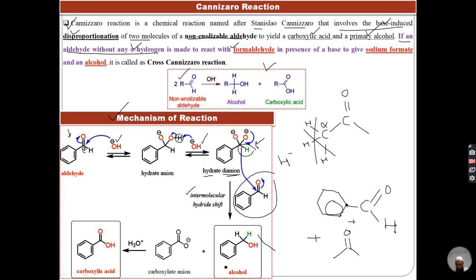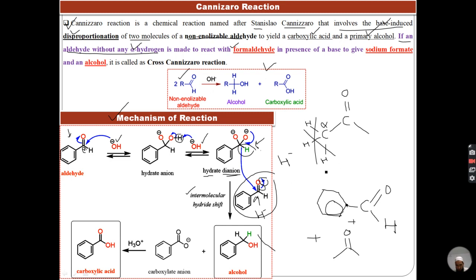So इससे क्या result होगा? Result is that ये जो molecule था, now this oxygen gets negative charge. So when the hydride comes here, with a negative, it becomes oxygen negative here. So this is oxygen negative.